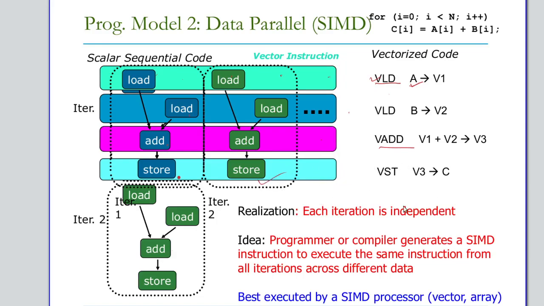This can be done with a data parallel SIMD machine, a vector machine for which we write vectorized code. This is best executed on SIMD processors, whether it is a vector processor or array processor.